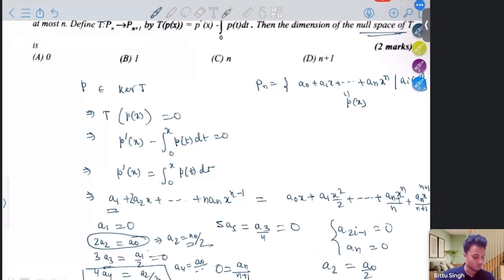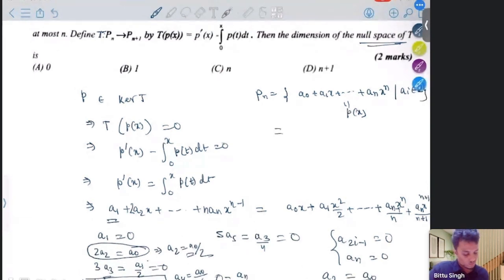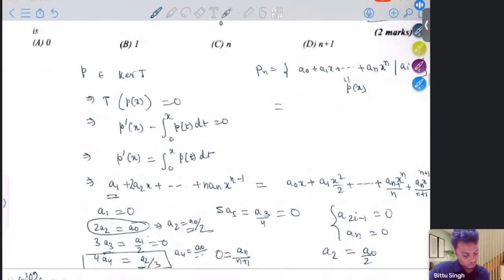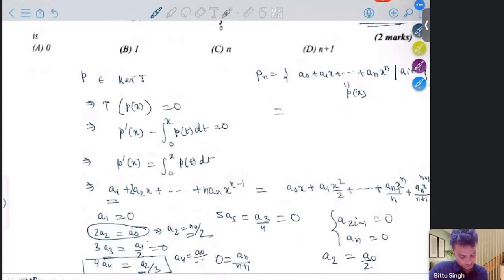So from here we can see that there will be only a single generator of this, because even and odd terms are dependent. And what will be the even terms here?